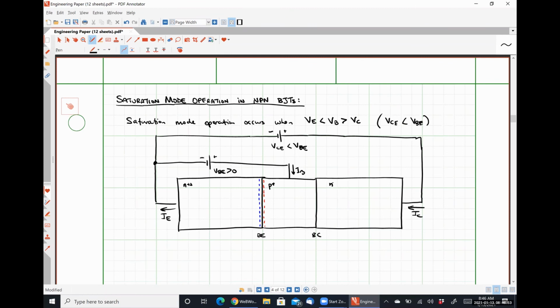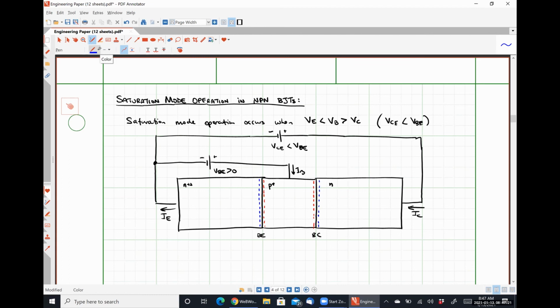Because they both have the emitter as a reference, which means that the base collector junction is also forward biased. So both of these junctions are forward biased, okay?